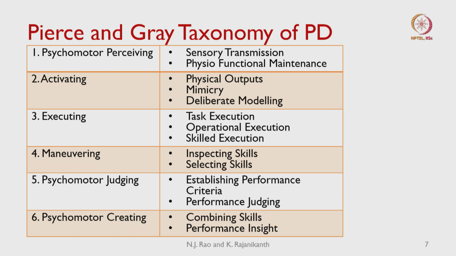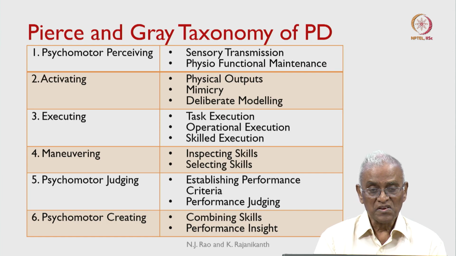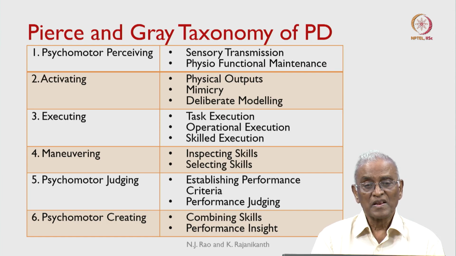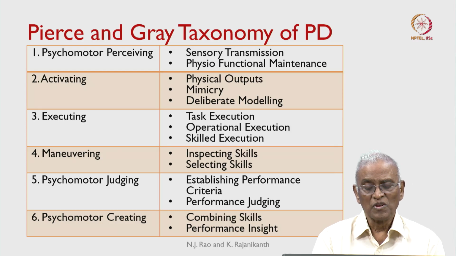Psychomotor creating, now what you do, you combine skills and you have a different way of doing things. You invent a new method of doing things of your own, and that is psychomotor creation. So all these levels of psychomotor activity, I am sure you can actually see in any kind of game that you talk about, whether it is tennis, cricket or any other game, you will be able to see that.